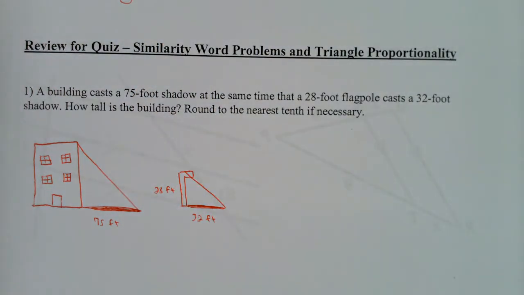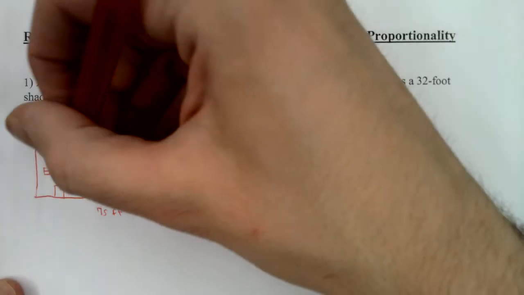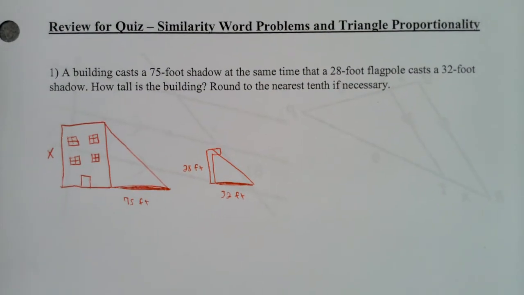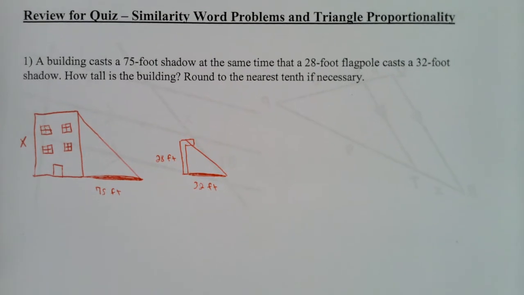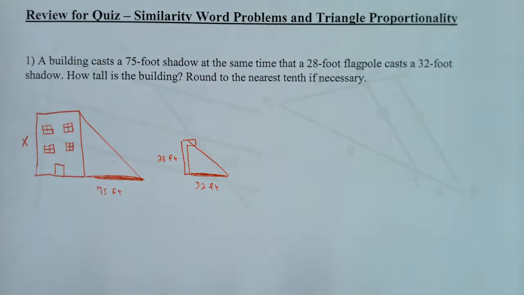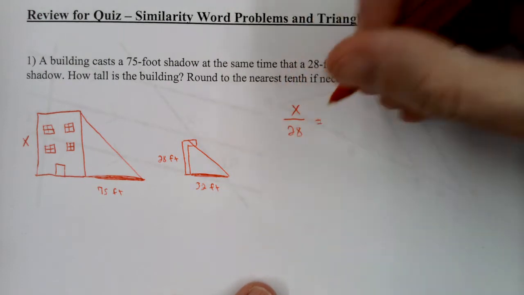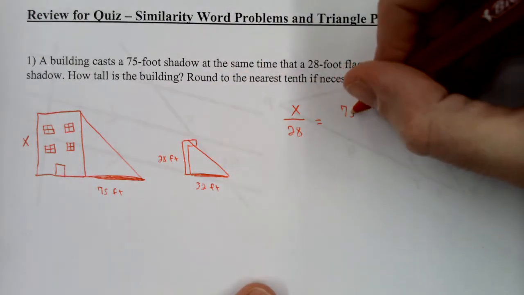So you're going to write a proportion. I'll put X for the height of the building right there. Make sure all your numerators come from one triangle and make sure all your denominators come from the other triangle. So I will do X over 28 because X corresponds to 28. X over 28 equals 75 over 32.